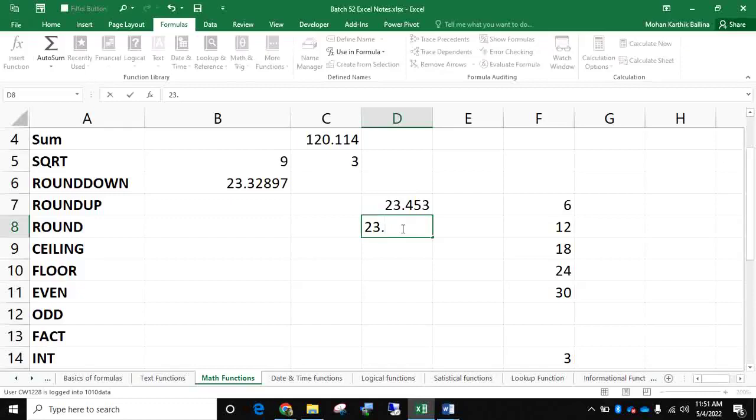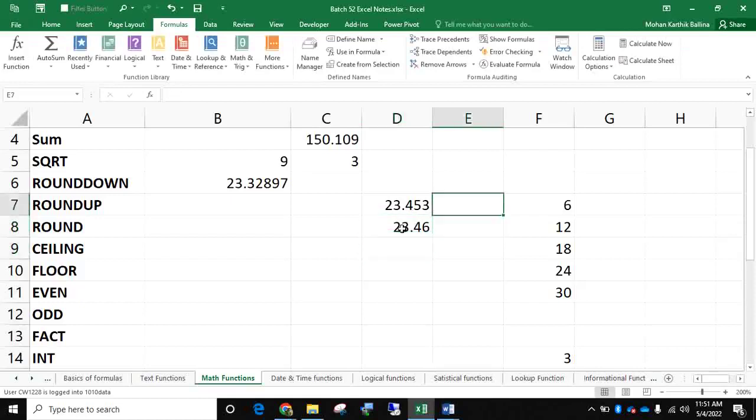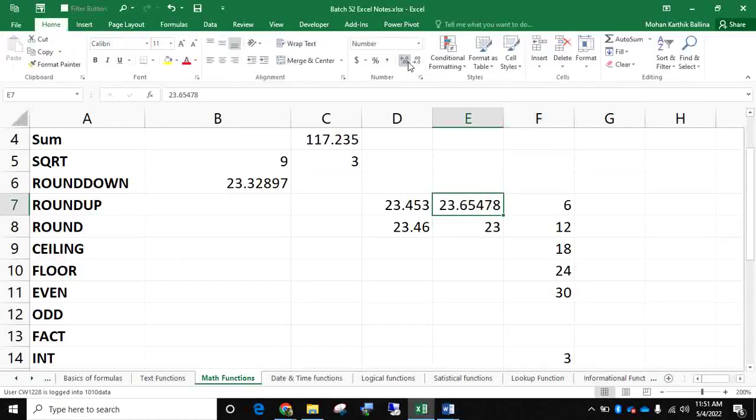What would be the answer? 4, 6. Now I want to see 3 digits after the decimal. Tell me the answer. 6, 5, 5.